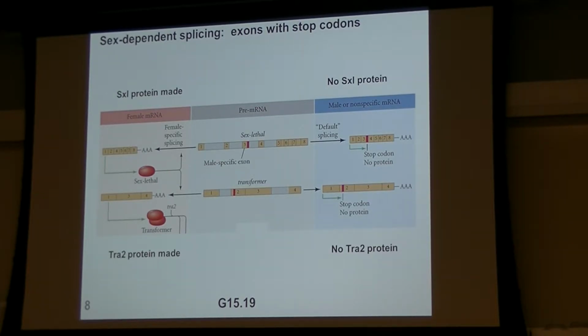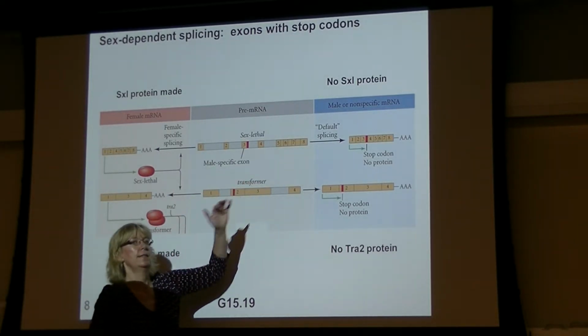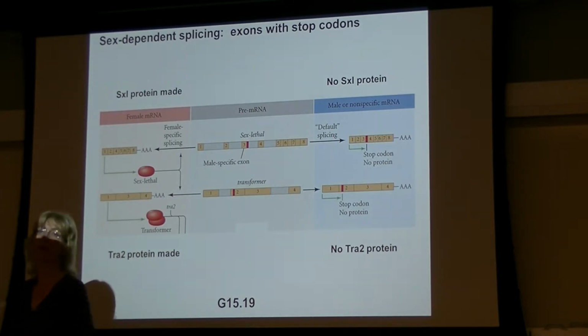And one of the bottom lines is it's kind of complicated. So I'm going to try to just draw out some of the highlights here and make the point of basically how this works. So the Sex lethal gene, when it's transcribed, like all genes, is first going to be made into a pre-mRNA.